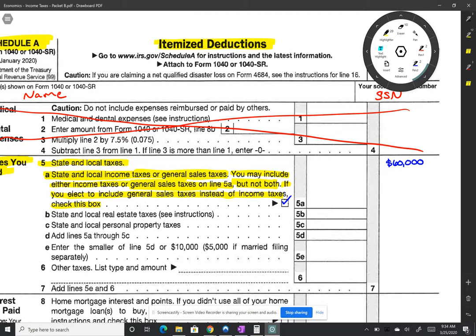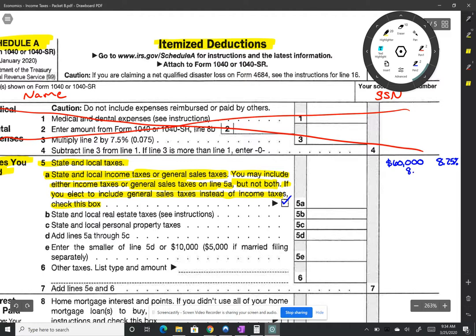Okay, so I've given you that information. They've spent $60,000 on taxable goods. The sales tax rate in Texas is 8.25%. So we need to figure out approximately how much they spent on sales tax. Well, if they spent $60,000, then 8.25% of that $60,000 is going to give us our answer.